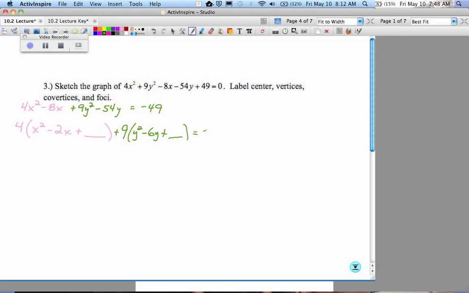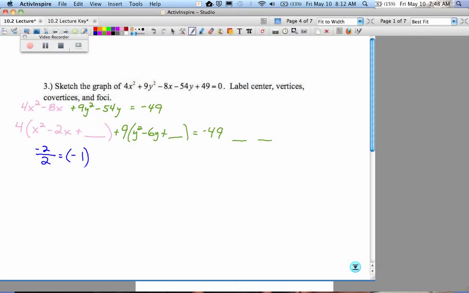Then I have negative 49, and we'll be putting 2 new numbers there. Over here with the x, I have negative 2. I cut that in half. We always divide by 2. That's negative 1.